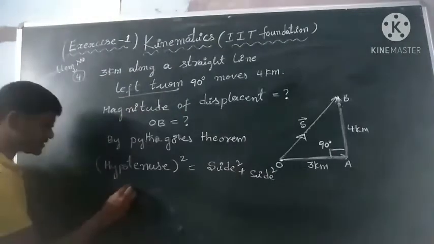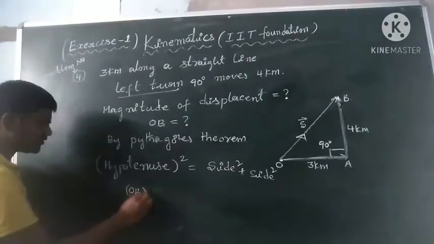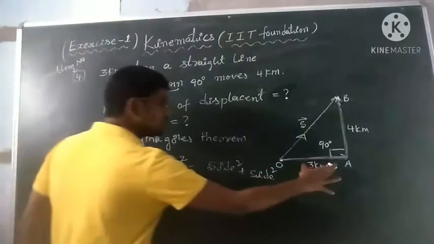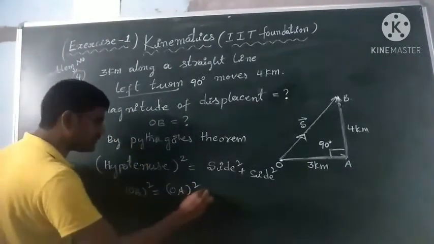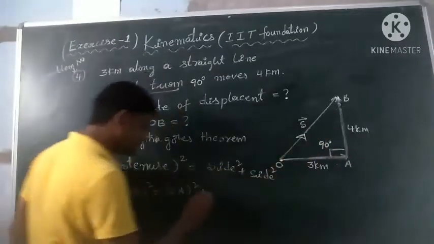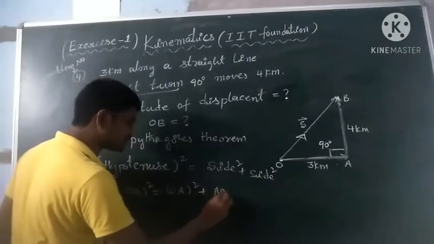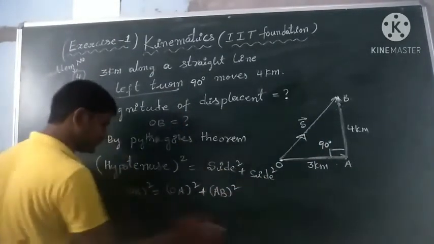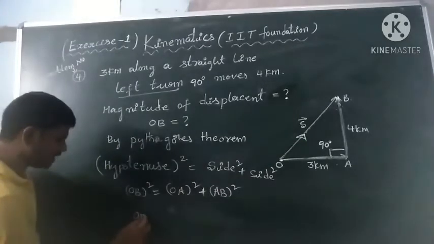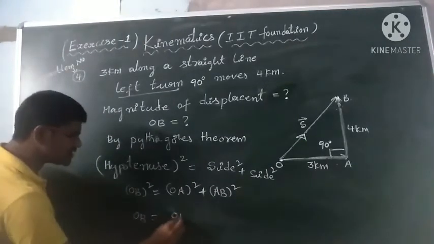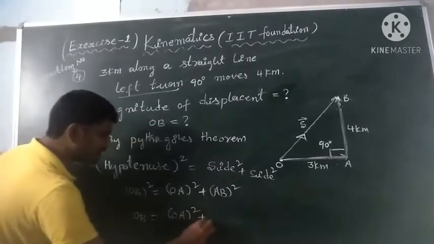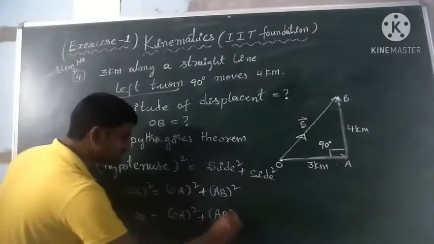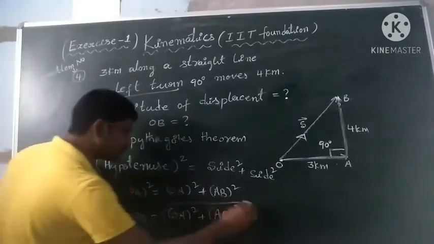Hypotenuse square means OB square. OB square equals one side, OA square, plus another side, AB square. Then we want OB, so that is root over OA square plus AB square.